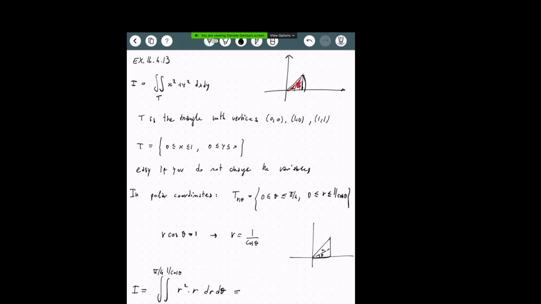So what do we get here? We get this. Oh Jesus, this is 1 divided by 4, and this is 1 divided by cosine to the power of 4 in d theta. I wonder if this has some nice integral.